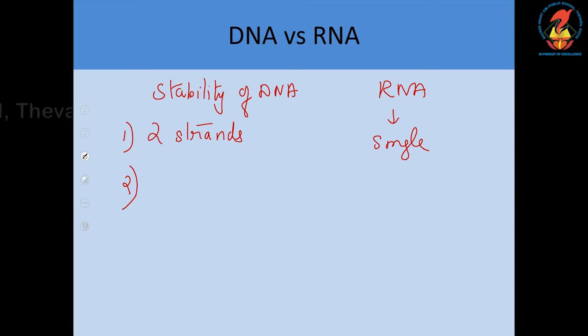Second reason, there is a base called thymine, whereas in RNA it is uracil. Thymine confers stability to DNA.